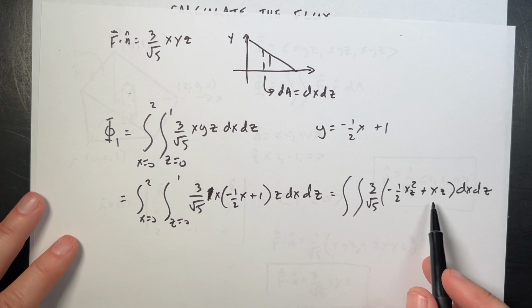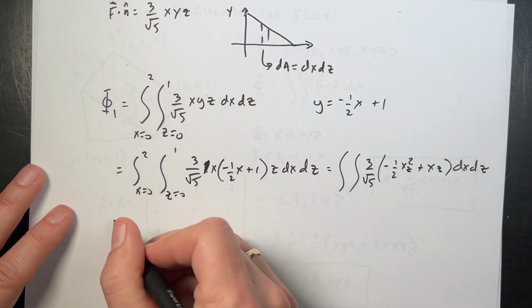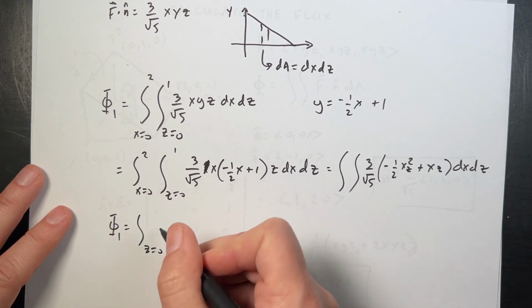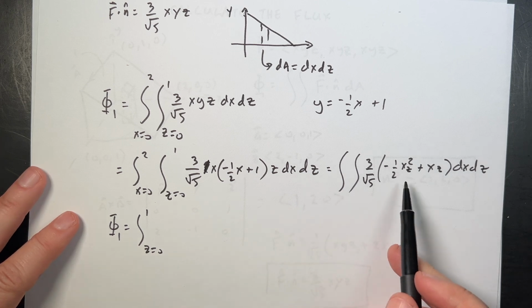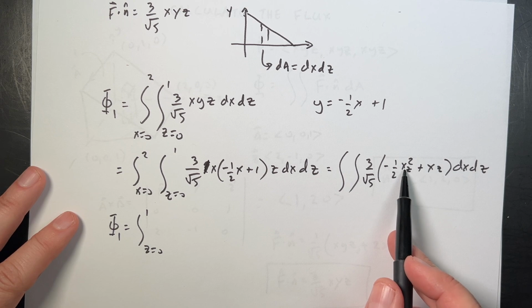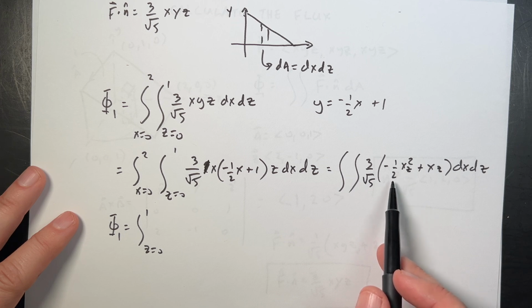So let's integrate the x. If I do that, I can treat the z's as constant, and I get phi 1 is going to be the integral z equals 0 to 1 of this stuff. So if I integrate x squared, I'm going to get x cubed over 3.